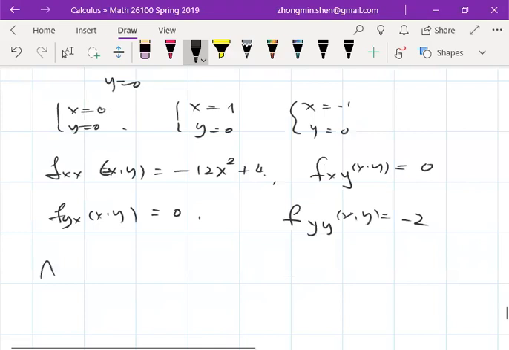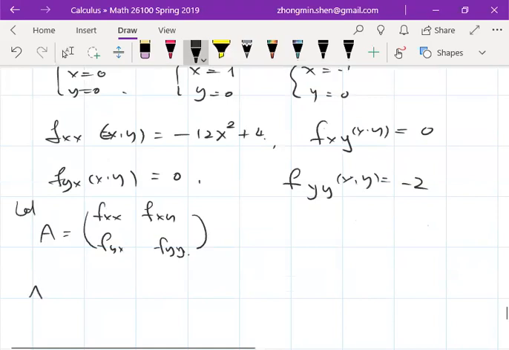So let A be fxx, fxy, fyx, fyy. Okay. So to save time, when I evaluate at x equals 0, y equals 0, the matrix is going to be 4, 0, 0, negative 2.